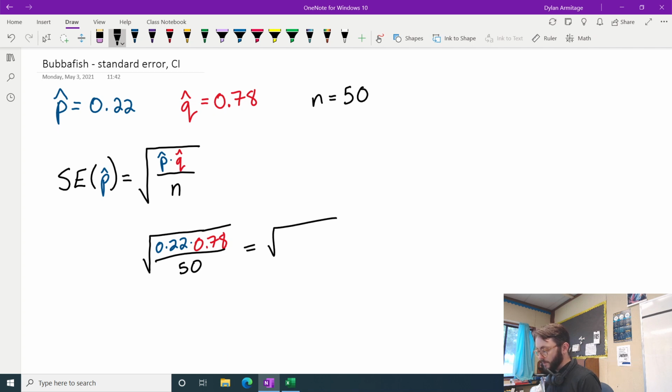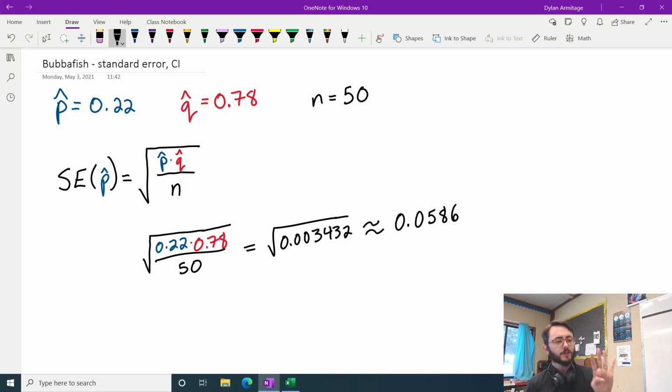it's going to be the square root of 0.003432, which is approximately 0.0586.